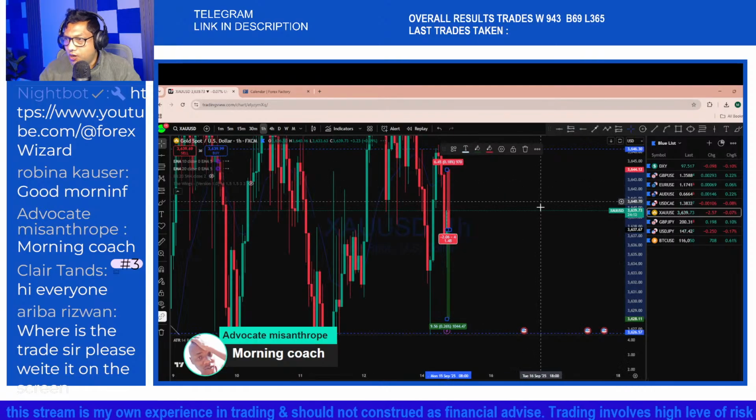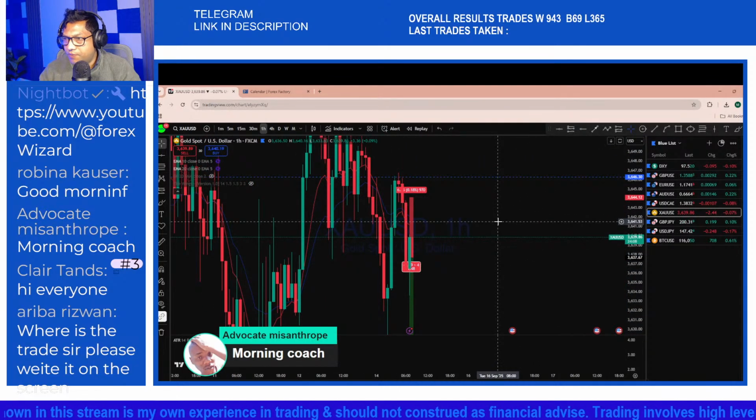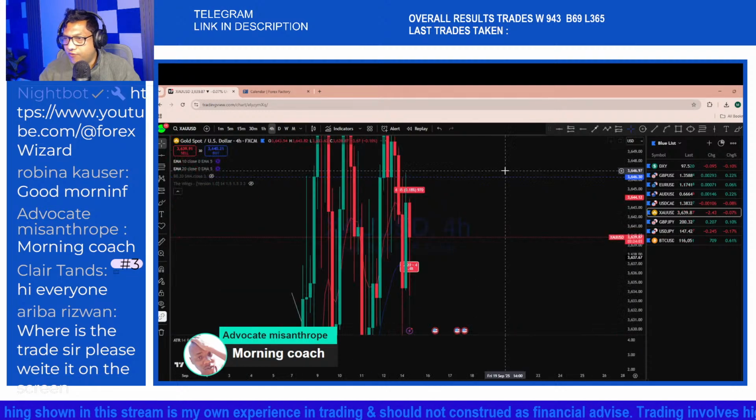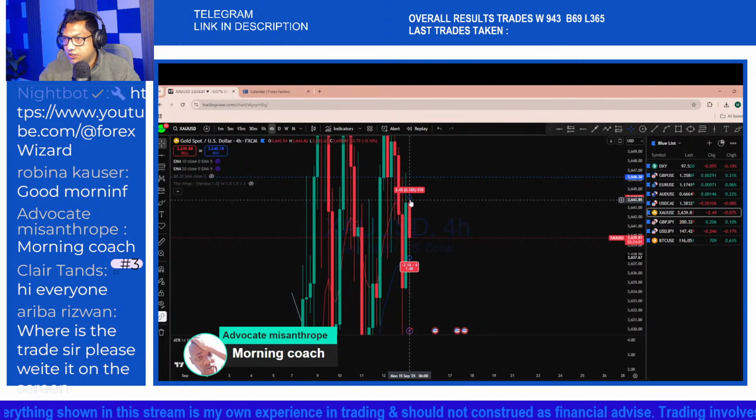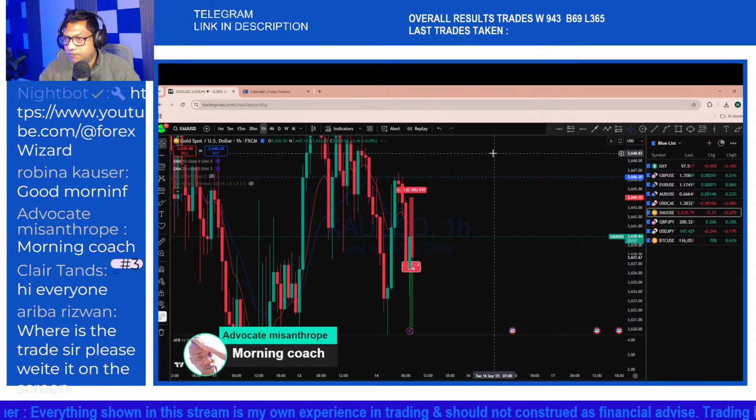If we look at the 1 hour, we can see that there is a significant rejection from the higher price. Expecting the market to break that low here from the 4 hour, we can see there is a sharp rejection below here in this market.